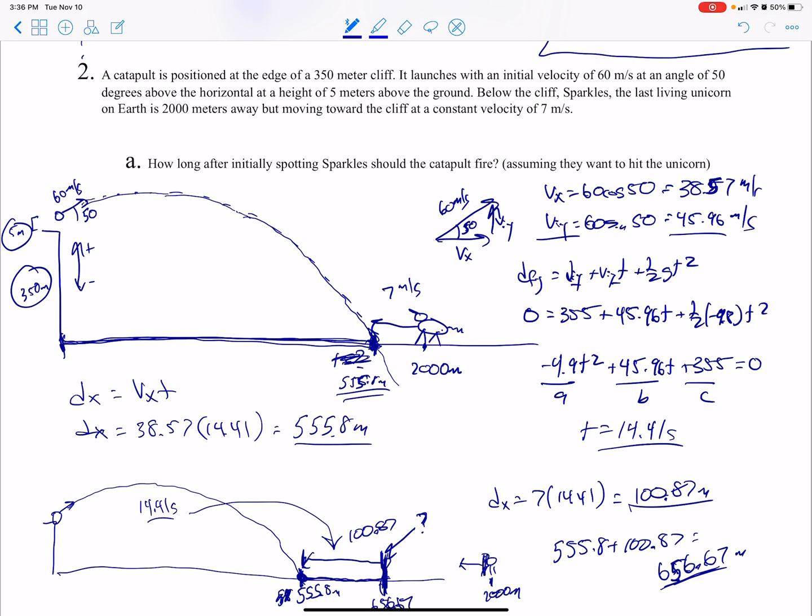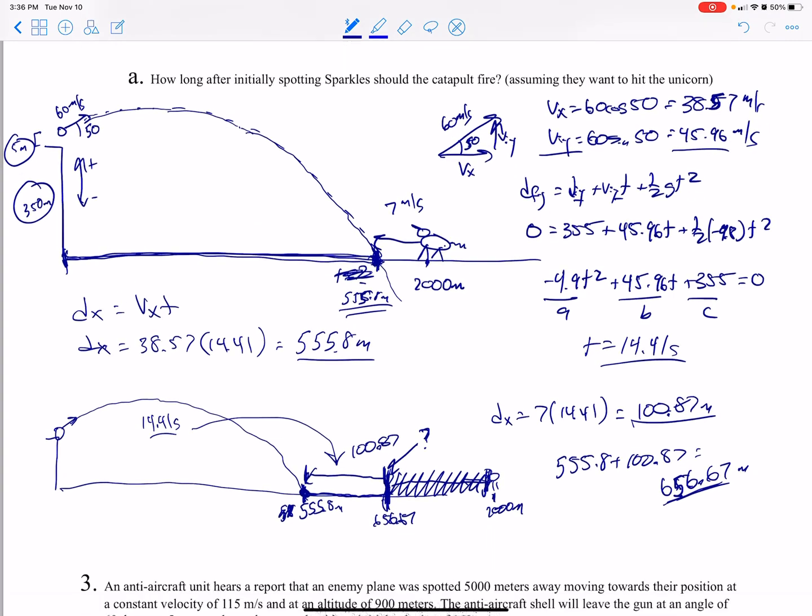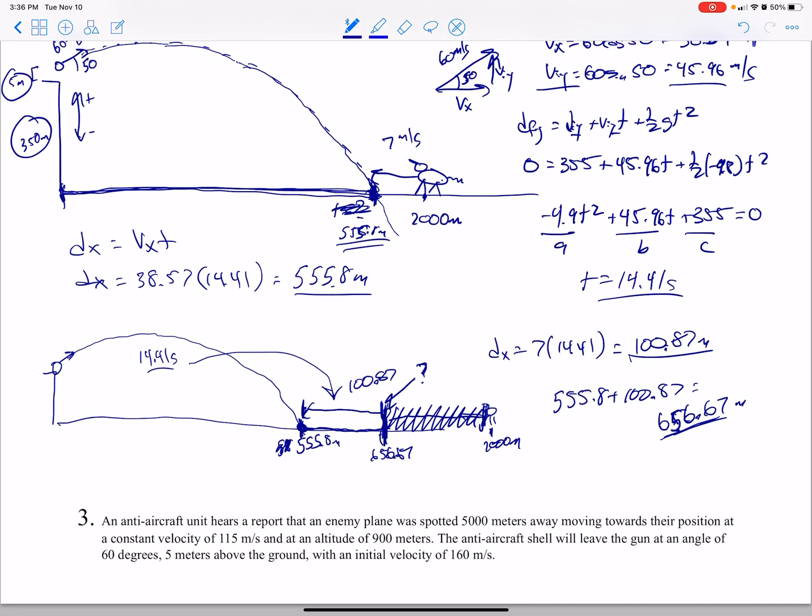Okay, so we got to wait this whole time right here. We got to wait for this time before we can fire. So how long do we have to wait? Well, if it's 2,000 meters away and we have to wait till it's at a position of 656.67, that means we have to wait for the unicorn to travel 1343.33 meters.